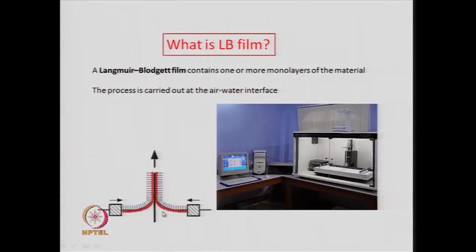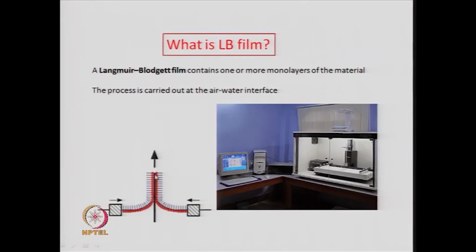When you are creating a pressure and you are dipping the substrate from the top or pulling it out, here the arrow is showing that you are pulling out the substrate. The substrate was dipped in the liquid and is being pulled out. When you do that, the molecules on top of the liquid come on top of the substrate.